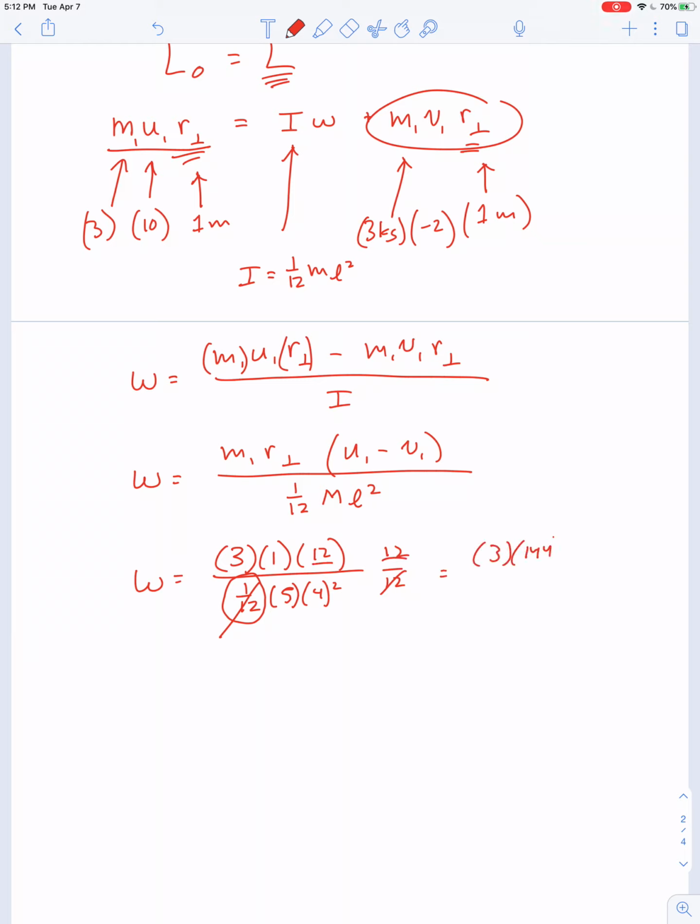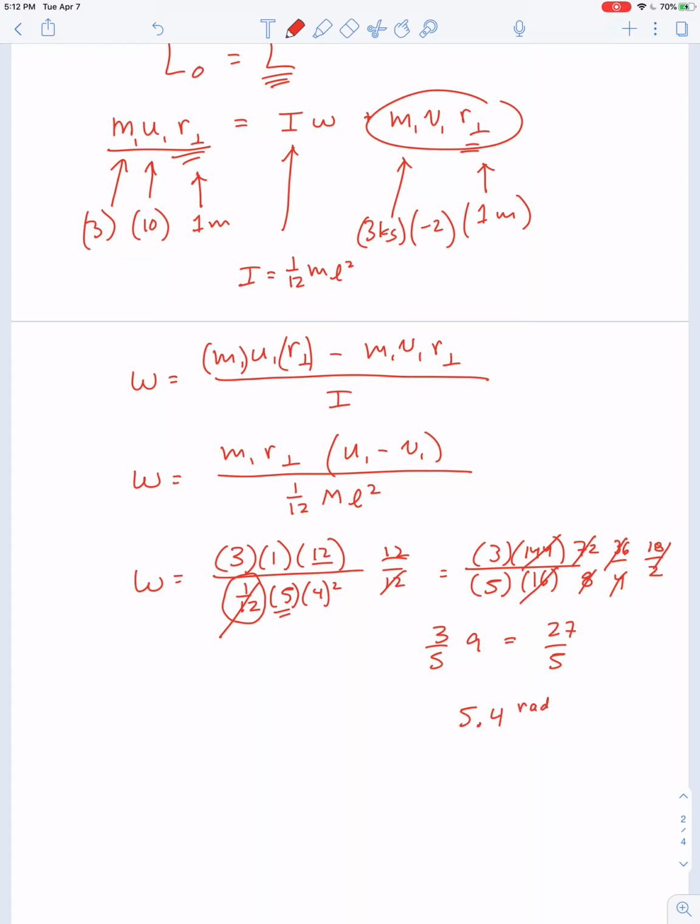The 3/5 part we'll leave alone. 144 over 16 is the same as 72 over 8, is the same as 36 over 4, is the same as 18 over 2, which is 9. So 3/5 of 9 is 27/5, which gives us 5.4 radians per second.